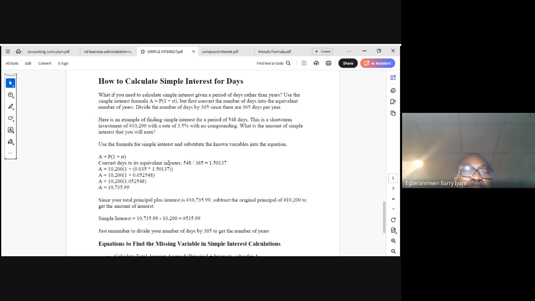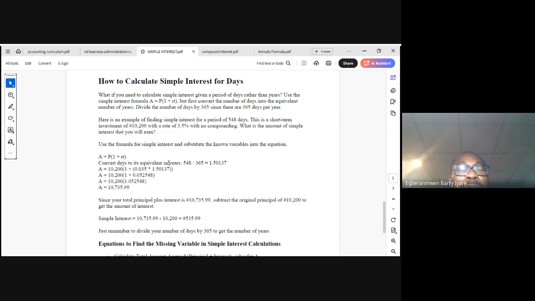So instead of still using this normal loan process, we can still go back and use the formula for simple interest, which is I equal to PRT. P is the principal, R is the rate, T is the time. The rate, which is 3.5, we need to divide it by 100 to get the small r. The time is given in days, 548 days. We divide it by 365 to convert it to years.